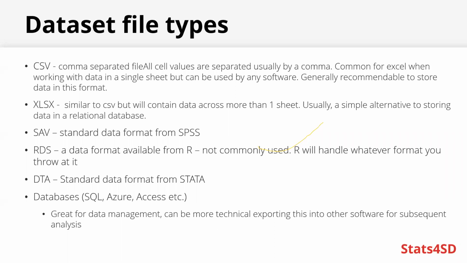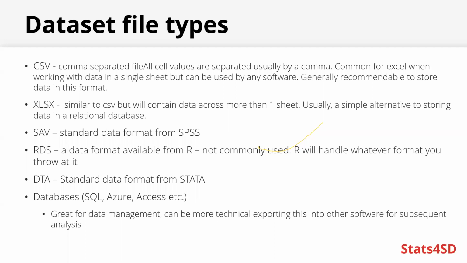Moving on to ones with specific applications to data analysis software that I'm sure many of you will be familiar with. You have your SAV file. This is the standard data format for SPSS.